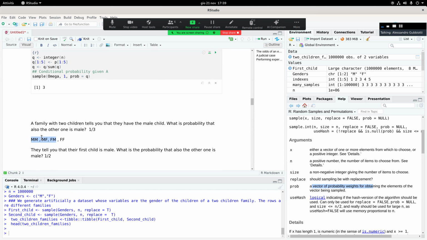They tell you an event which has probability 3/4, so you know that an MF or FM happened. Instead, here you know that MM or MF happened. That's the difference. Does it make sense?